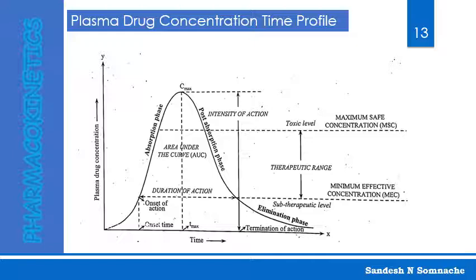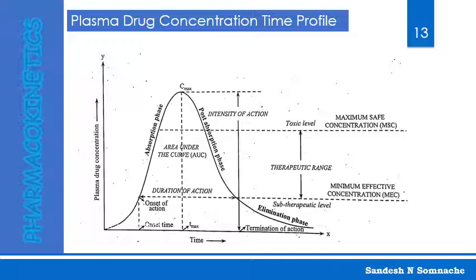Now one by one we will see. The time at which the plasma drug concentration reaches the minimum effective concentration is called the onset time, and the situation is onset of action.